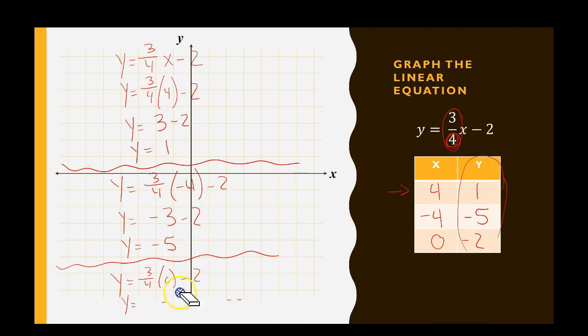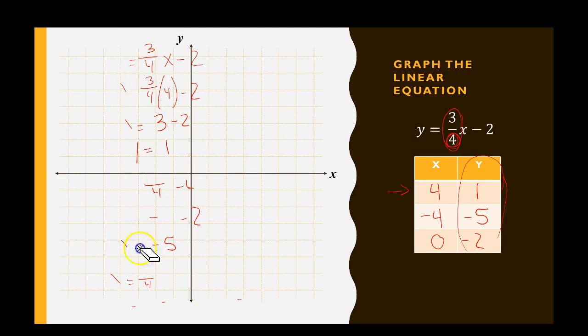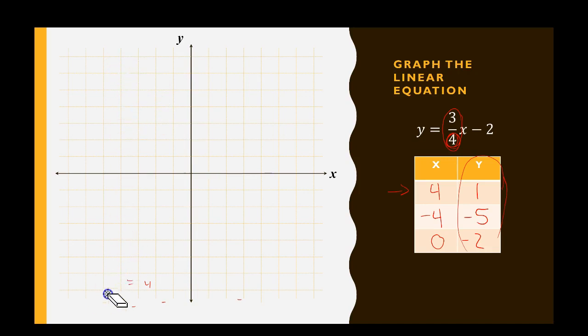Now that we have those ordered pairs, our last step is simply to plot them. We got 4, 1 as the first one, so that's 4 to the right, 1, 2, 3, 4, and 1 up right there.